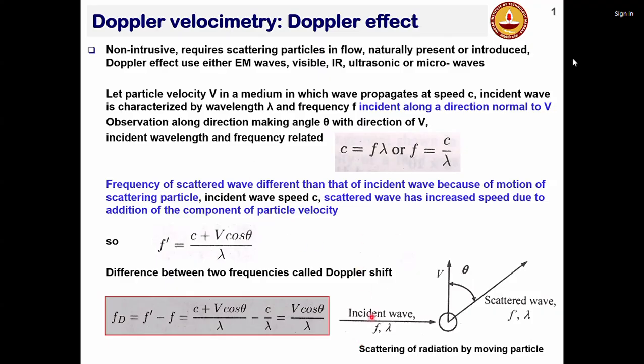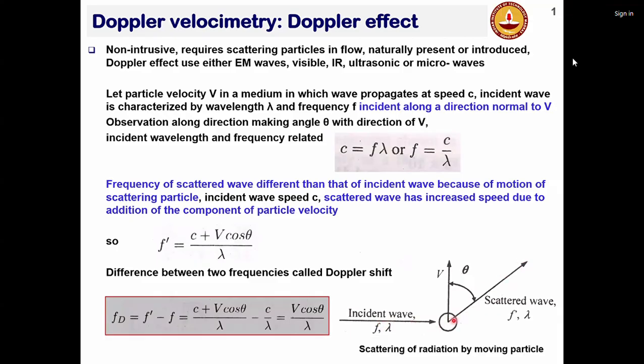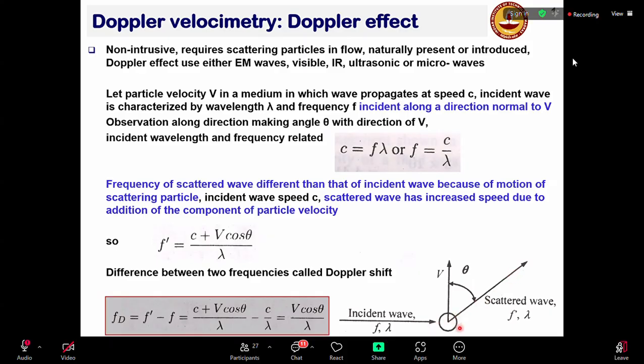So we said that if we have a particle here inside the fluid, and this is an incident wave at certain frequency and certain wavelength, because of the presence of the particle, this incident wave is scattered. When the wave is scattered, its wavelength remains unchanged and the frequency changes.